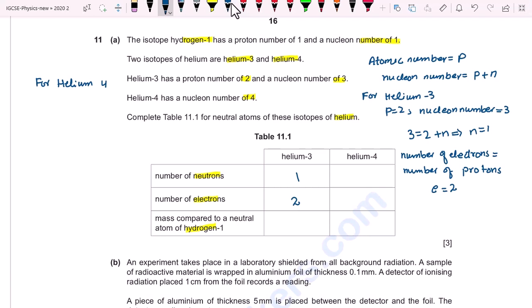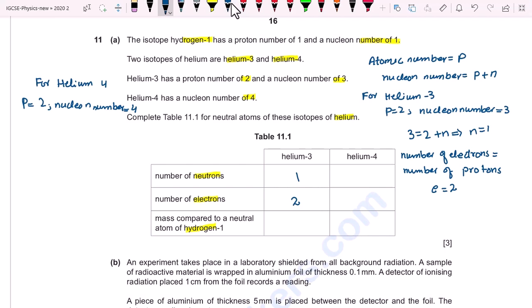For helium-4 the number of protons will be equal to that of helium-3, which is 2. The nucleon number is 4 for helium-4.